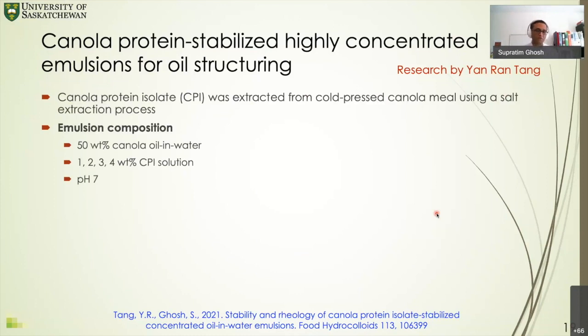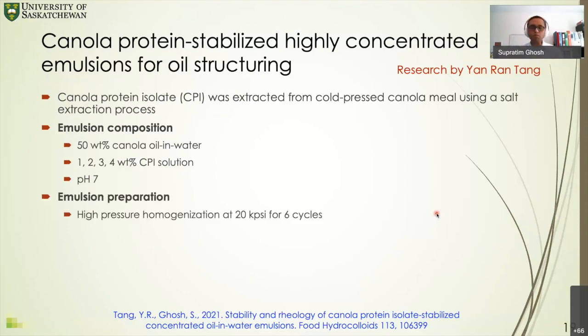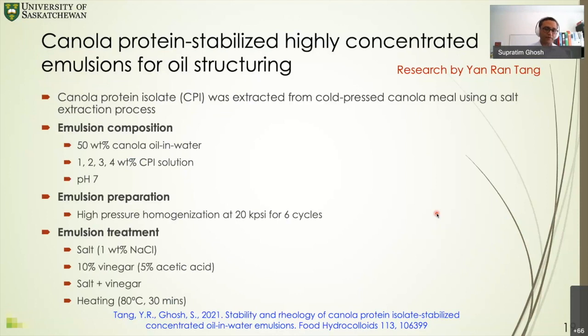We were able to make 50% canola oil in water emulsion, and we used 4 different protein concentrations at pH 7. We used a high pressure homogenizer to make the emulsion. Then after making the emulsion, as I said, we need to introduce some factor that can induce droplet attraction. We did that in 4 different ways.